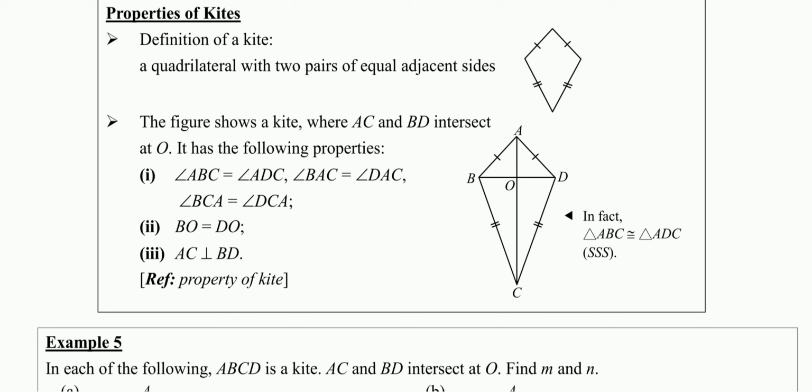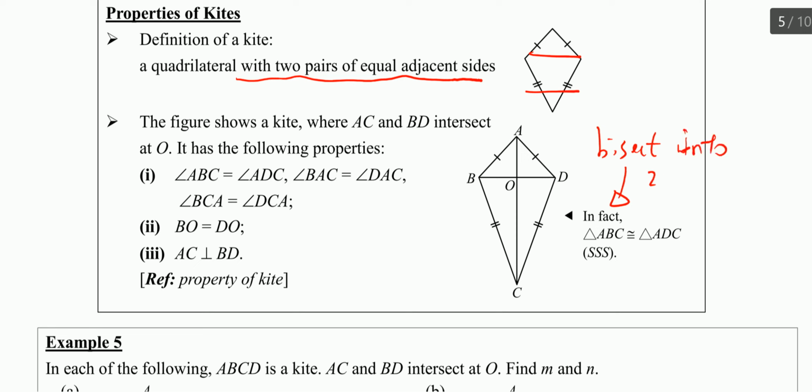Now let's move on to the last part, the kite. We can refer to here. The definition is that there are two pairs of equal adjacent sides. If we bisect it into two parts with the line AC, they are congruent triangles, and the following properties will appear.